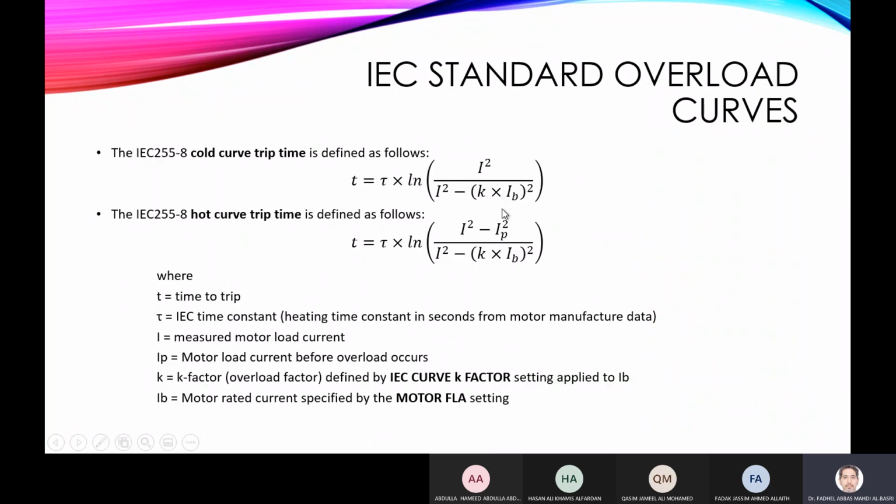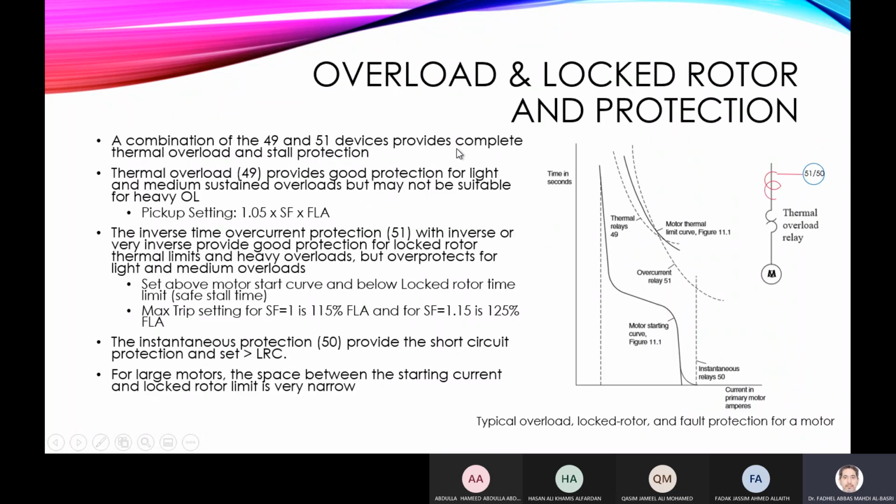This is another curve, with standard curves for the overload from IEC standards. Now, how do we provide those? The basic current protection, as I mentioned, I need an overload protection plus an overcurrent for short circuit protection. Now I can combine the overload elements with the 51 elements, the time overcurrent protection.